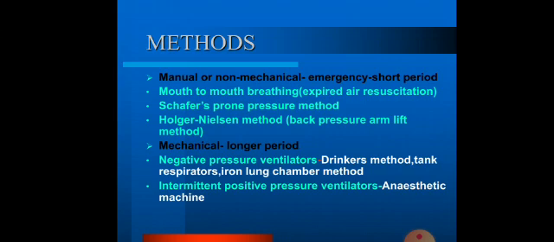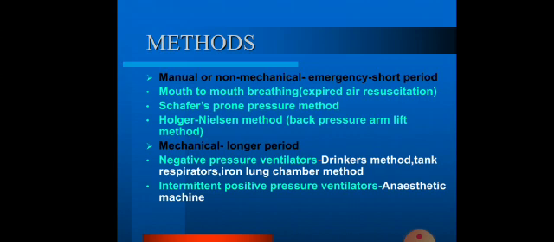Now the second method is the Schaeffer's prone pressure method. And the third one is the Holger-Nielsen method, which is also commonly called the back pressure arm lift method. So these are the three: mouth to mouth breathing, Schaeffer's prone pressure method, and the Holger-Nielsen method, which is the back pressure arm lift method. All the methods you will be studying by steps in detail.